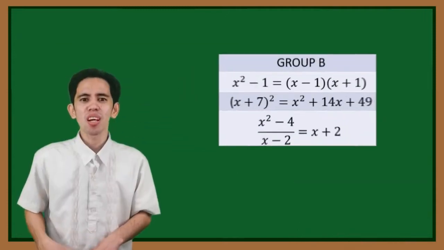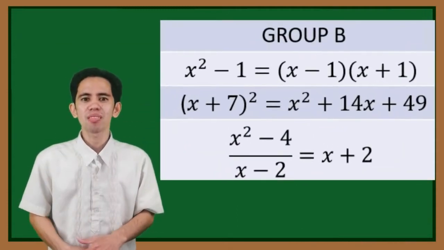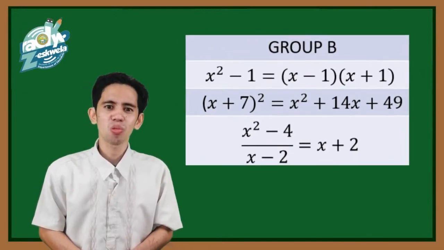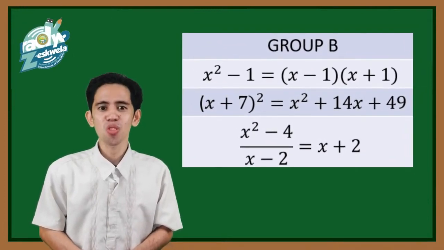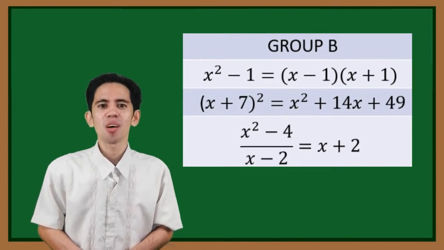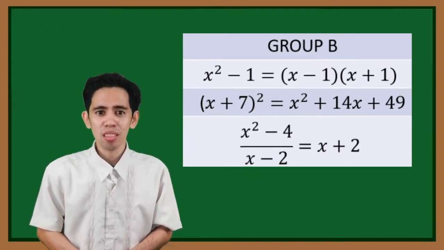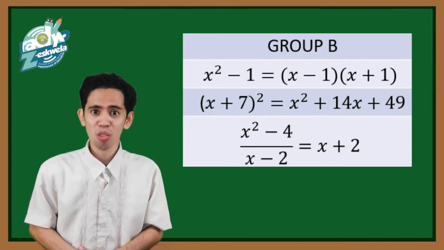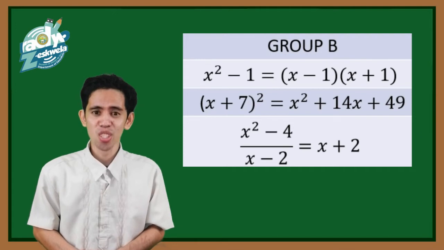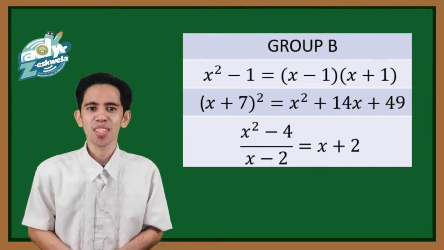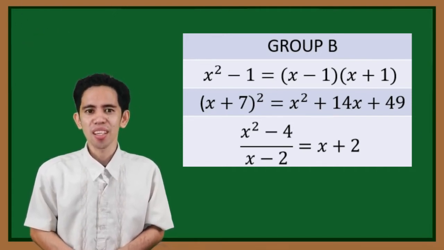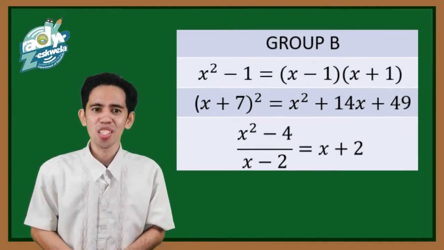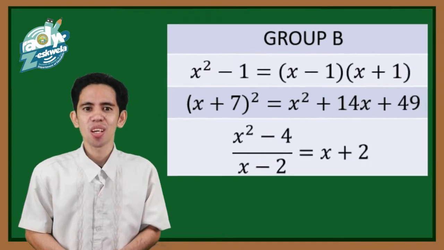While for group B, we have x squared minus 1 is equal to (x minus 1) times (x plus 1). Then (x plus 7) squared is equal to x squared plus 14x plus 49. And x squared minus 4 over x minus 2 is equal to x plus 2.